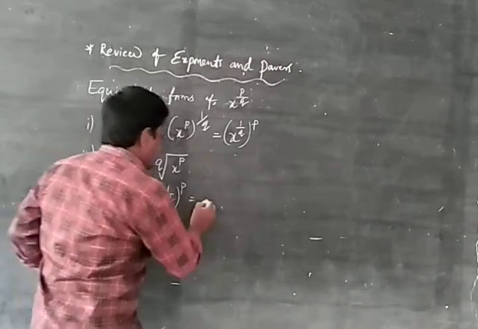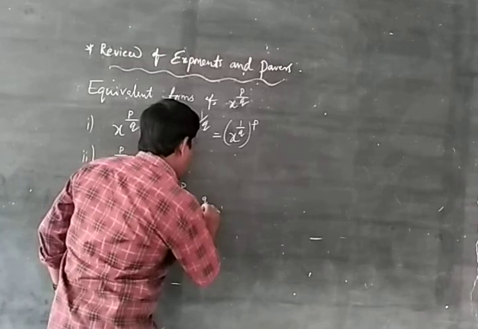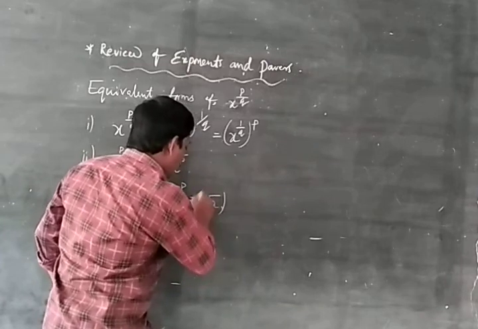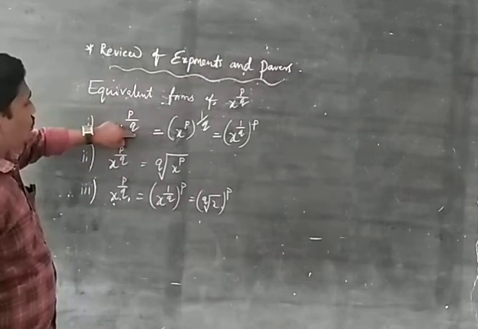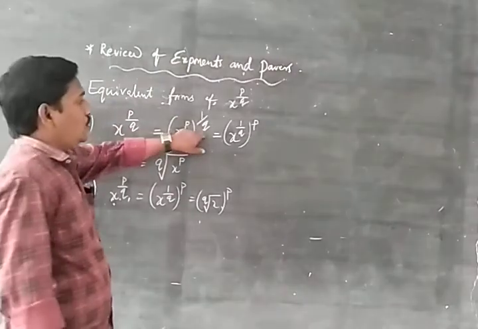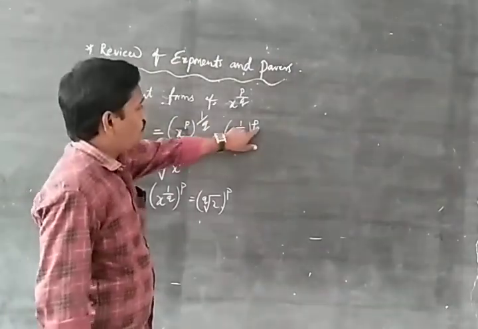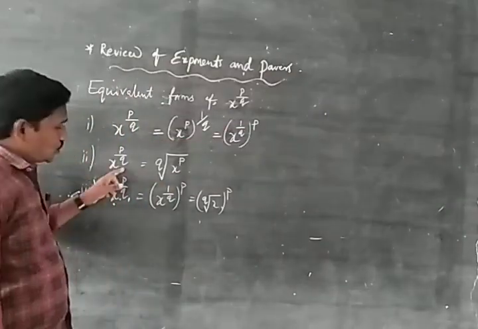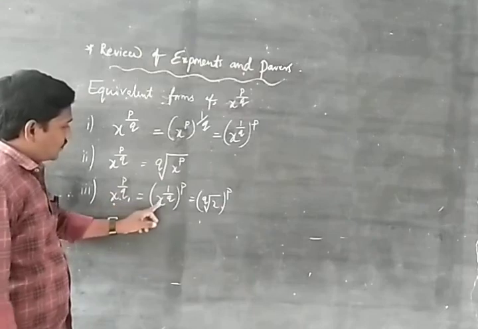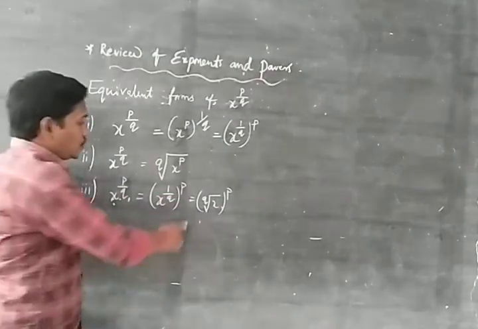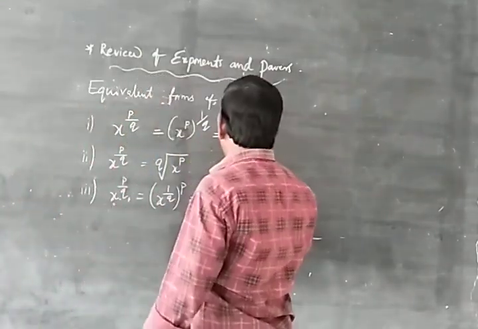It is written as the qth root of x, whole power p. So x power p by q equals (x power p) whole power 1 by q, and (x power 1 by q) whole power p, and the qth root of x power p, and the qth root of x, whole power p.